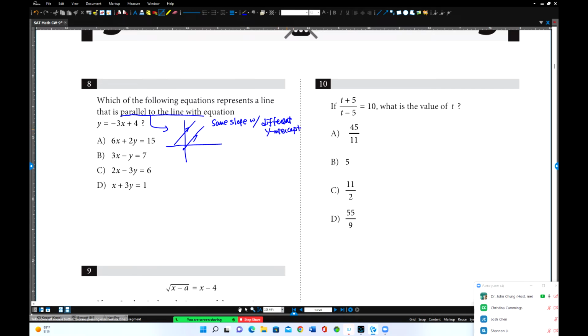Same slope, same y-intercept, that is coincident. Okay, that is not parallel. We can say coincident. 2 lines overlap. Line L equals line M. Okay, so many intersections there, okay? The solution is infinitely many solutions.